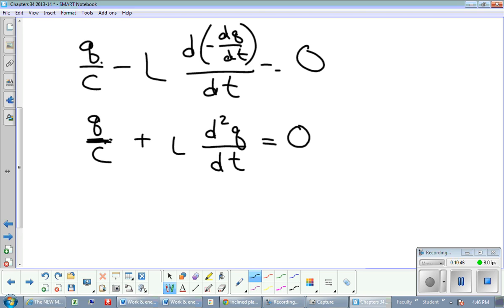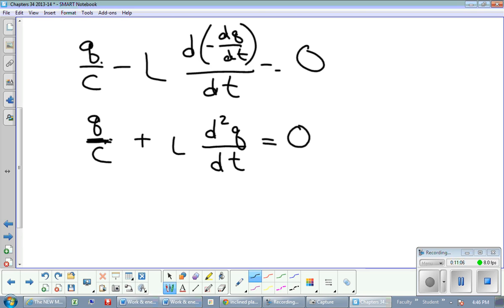So I always ask, well, can you recognize some function that when you take two derivatives of it, you get something that looks almost identical, but it's opposite in sign? And most students in calculus immediately recognize that as either a sine or a cosine. And I asked the same question back when we did mechanical oscillators, and we had masses on springs.